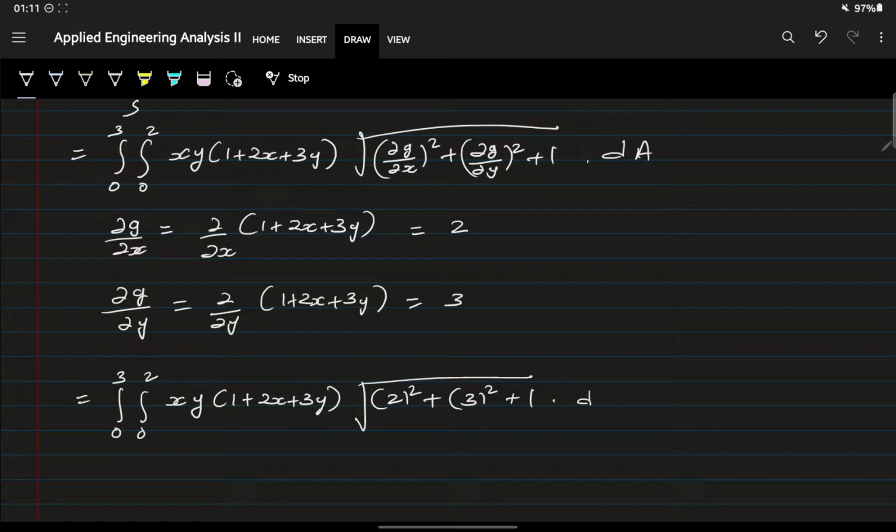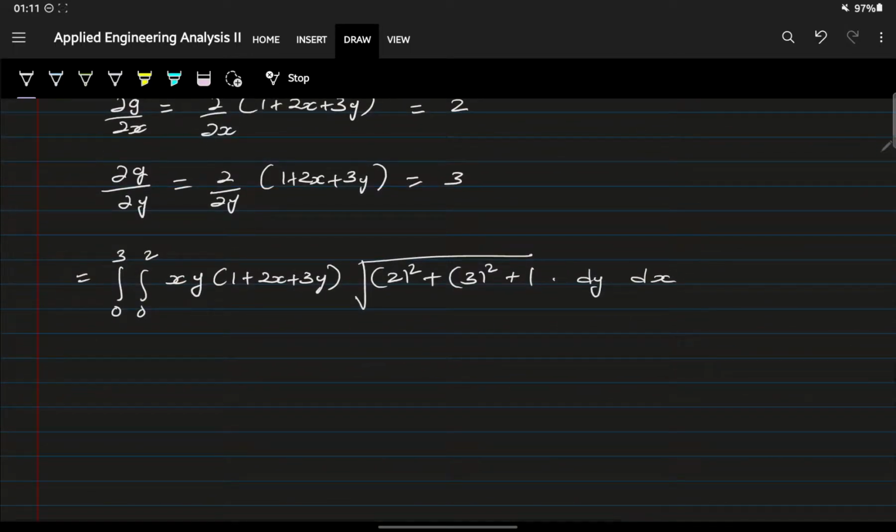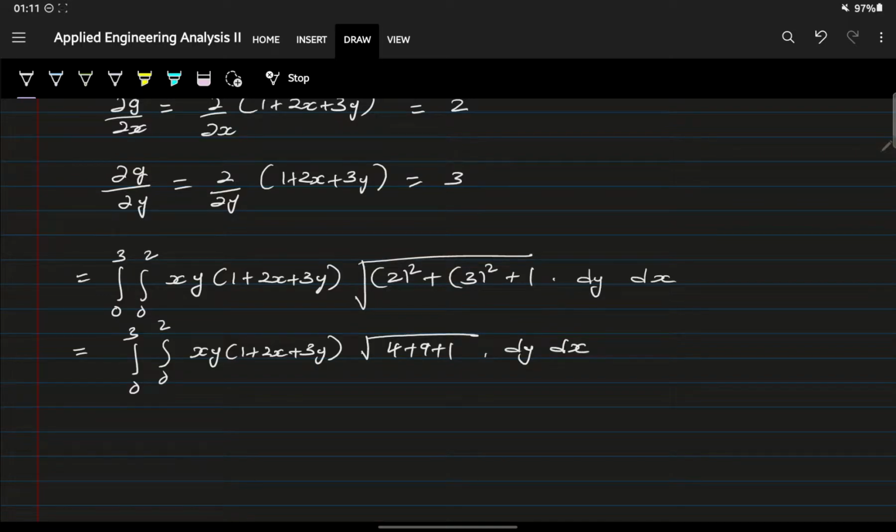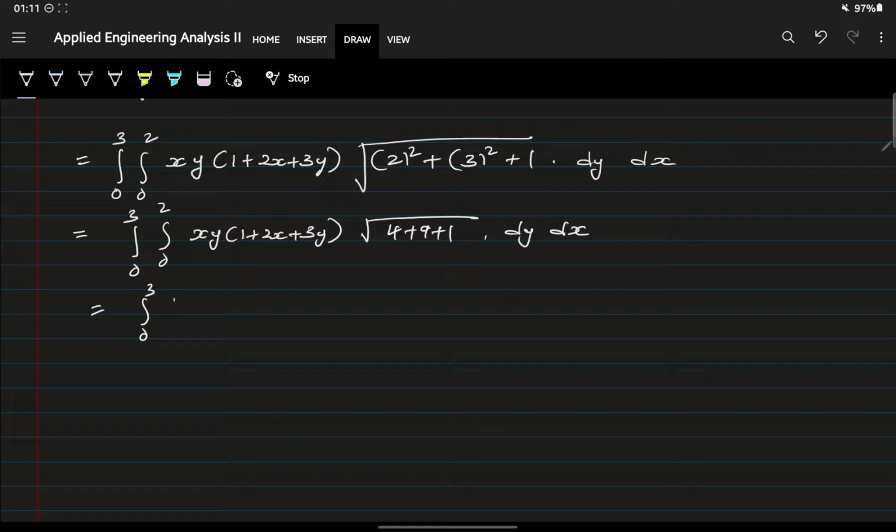Now for the inner limit dy and the outer limit dx, you can use it from here itself. So this comes down to root 14.